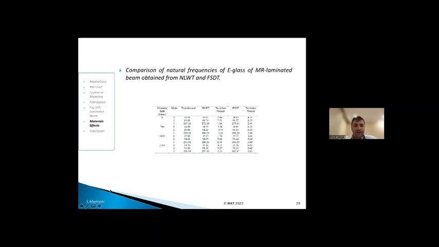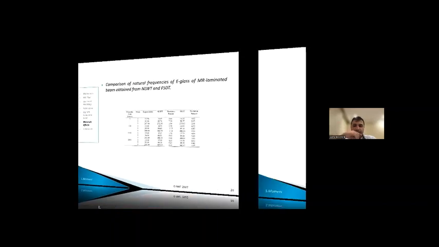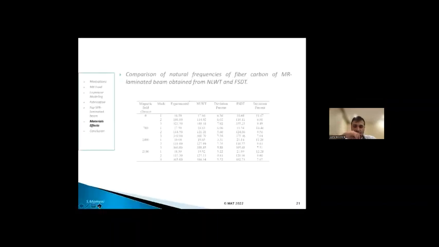In the next slide, the comparison of the natural frequency, same as the previous slide, for fiber carbon is shown here. The phenomenon is the same as the previous slide, but the deviation percent for harder materials is much bigger than for softer materials.